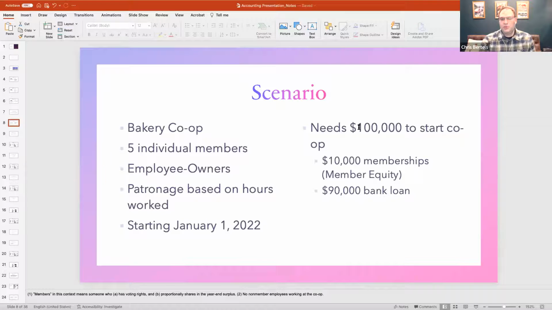And the way that they're going to fund the $100,000 is they're going to get $10,000 from each of the 5 members, and they're going to get a $50,000 bank loan. This $100,000 is often referred to as capital. People might say that the co-op needs $100,000 capital to basically fund the co-op or get it started.